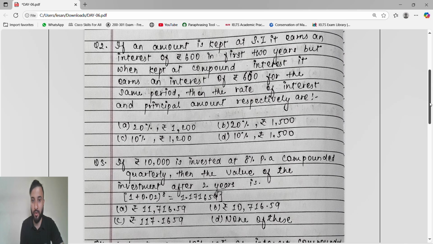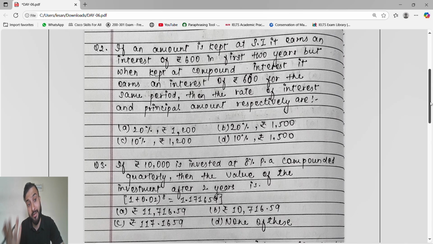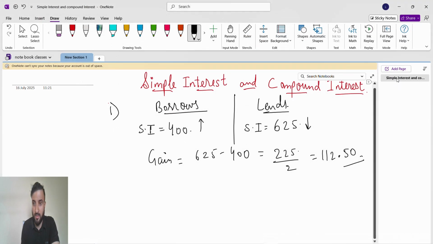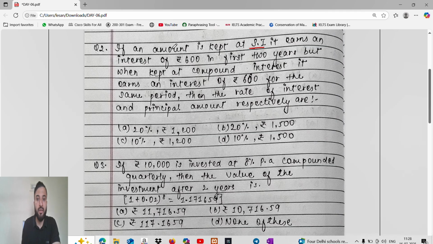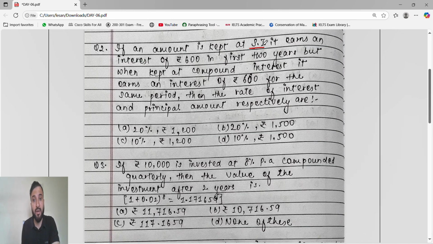Okay, next, very important. Actually all questions are important, but this is very important. Here the thing is, if an amount is kept at simple interest, this is question number 2, they are talking about simple interest. They said if an amount is kept at simple interest, it earns an interest of 600 in the first 2 years.